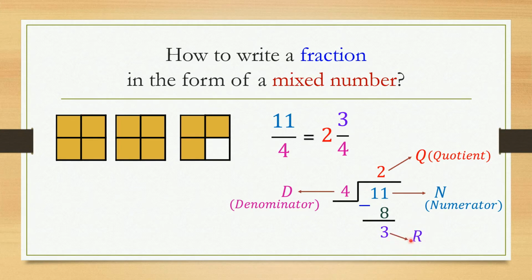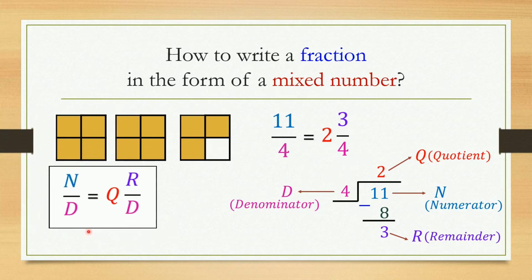We represent it by capital R, which stands for remainder. So after dividing 11 by 4, the quotient that we obtain is in fact the whole number part of the mixed number, and the remainder is the numerator of the fraction part, and the denominator of course won't change.